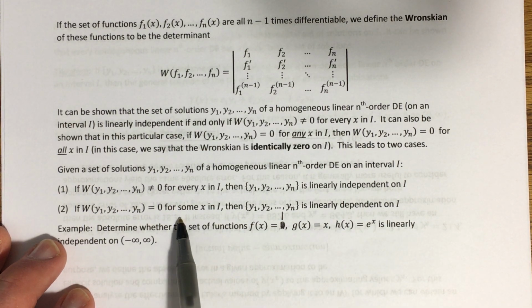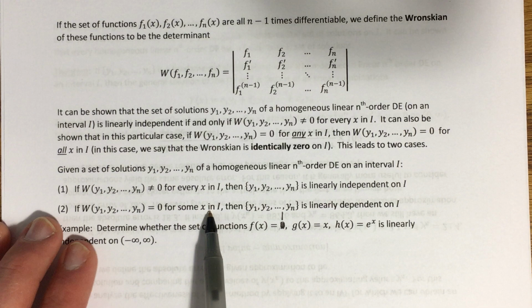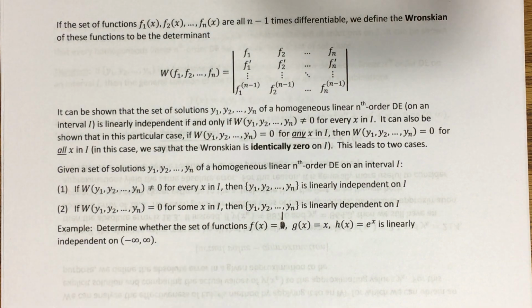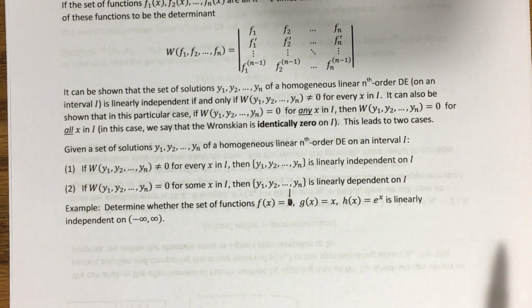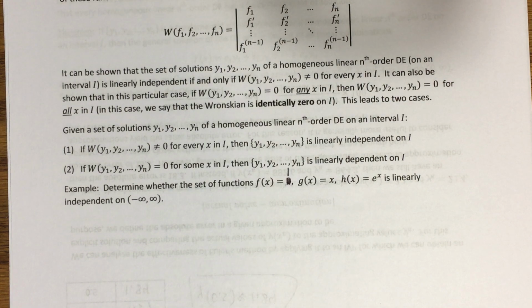If it is equal to 0 for any value of x on that interval, then it's automatically going to be equal to 0 for all values of x in that interval, and we would say that this is linearly dependent in that case. Okay? So that's a lot of theory, a lot of kind of abstractness.